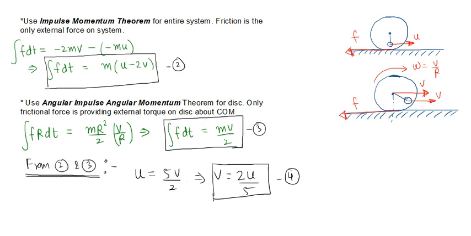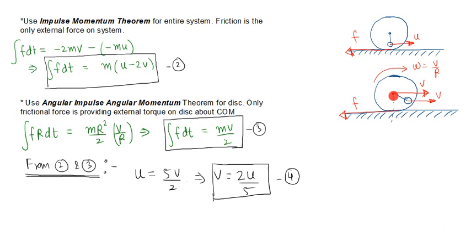Now I have found one more relationship, but I have introduced one more variable, which is integration F dt. Now I need one more relationship. So I can use the angular impulse angular momentum theorem for the disk only. For the disk, the torque of external forces about the center of mass is tau cm equal to I_cm into alpha, which means the angular impulse about the center of mass will be equal to the change in angular momentum about the center of mass.